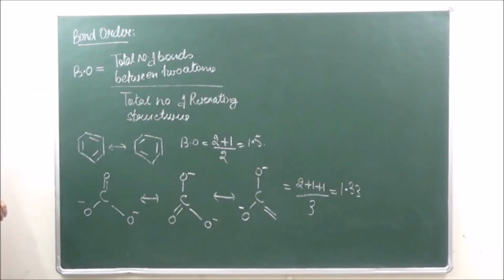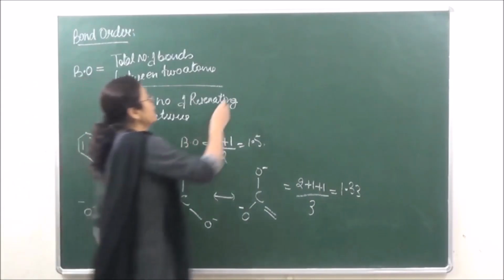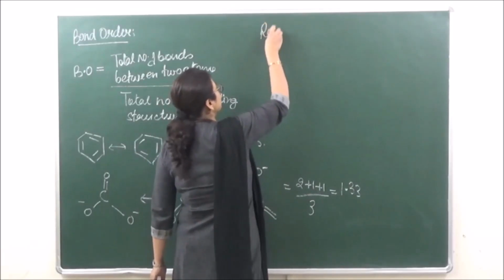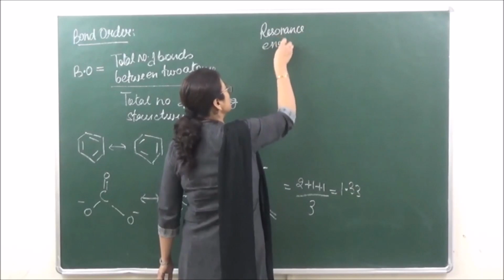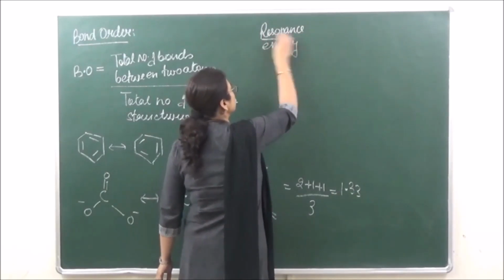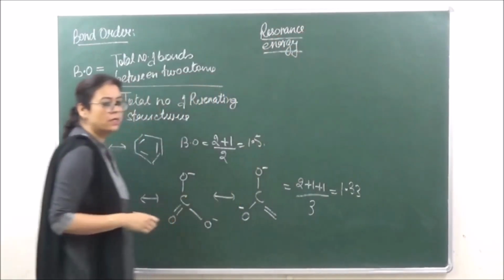ठीक है, so this is how we calculate the bond order. फिर उसके बाद हमारे पास आता है what do we understand by resonance energy.